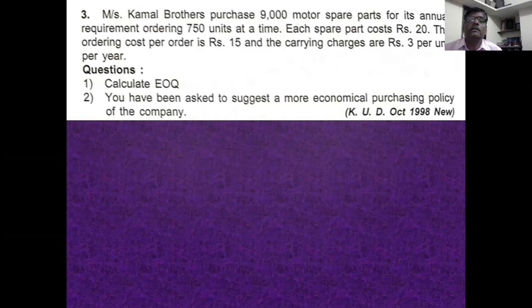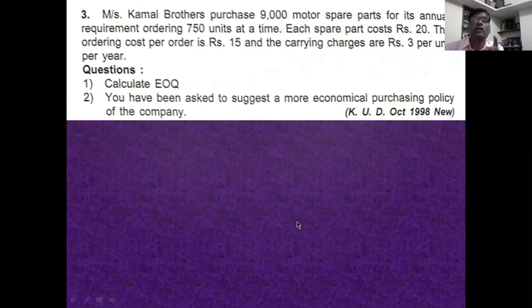And now they are purchasing 750 units at a time. Annually, their requirement is 9,000, and whenever they purchase, it is 750 units. One time purchase is 750.